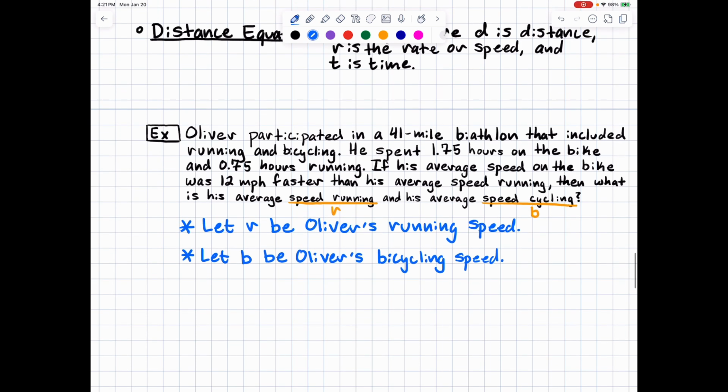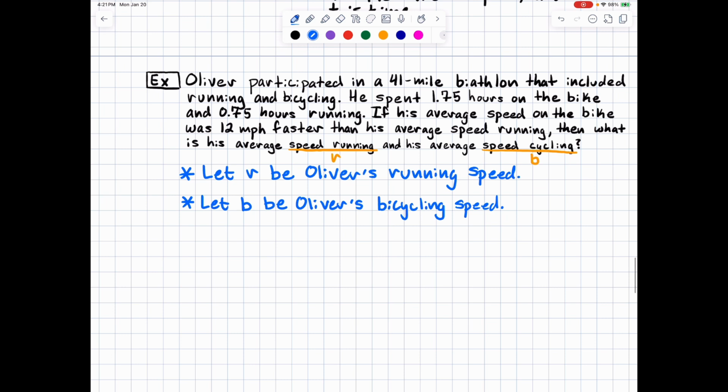So, another thing to note is here we see that his average speed on the bike was 12 miles per hour faster than his average speed running.